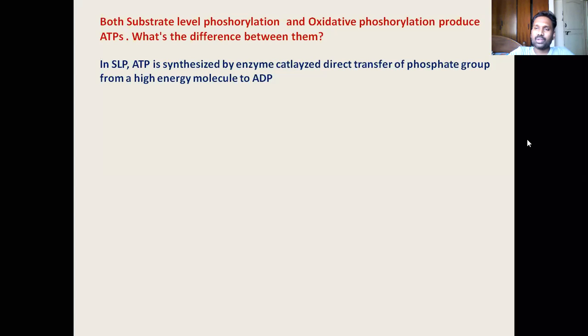So I hope that you remember those high energy molecules, at least one or two. One is being the phosphoenol pyruvate, the other is diphosphoglycerate. Is it not? In fact, when we look into the metabolic pathways, particularly degradation of the glucose, you will see two or three more steps where SLPs take place.